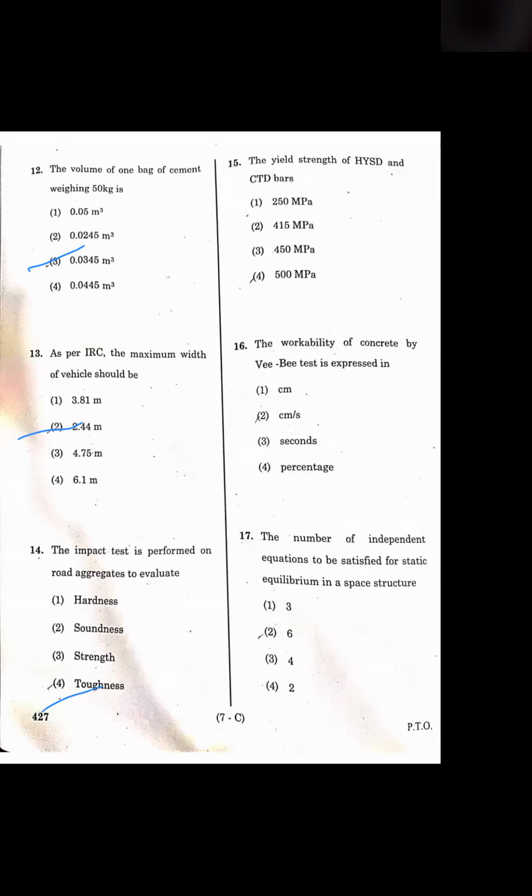The yield strength of HYSD bar for CTD bar is 415. The workability of concrete by VB test meter is expressed in centimeter per second. The number of independent equations to be satisfied for static equilibrium in a space structure is 6.